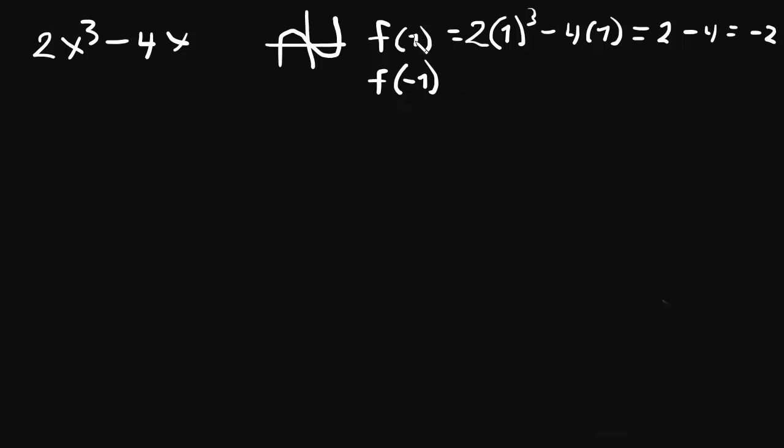Now, if we put in the negative equivalent of this x value, a negative 1, we should get the negative of this. We should get a positive 2. And let's see if we actually get that.